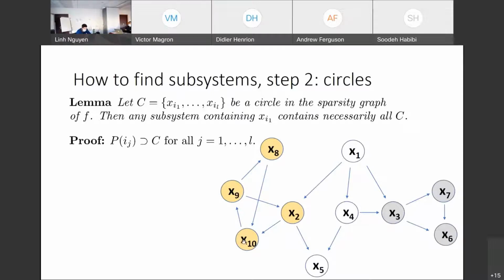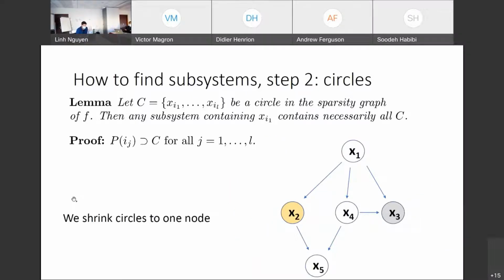We start here, go there, and then we end up here. Yes. As we've seen, the elements in a circle always appear together. So what we do is we just contract them.